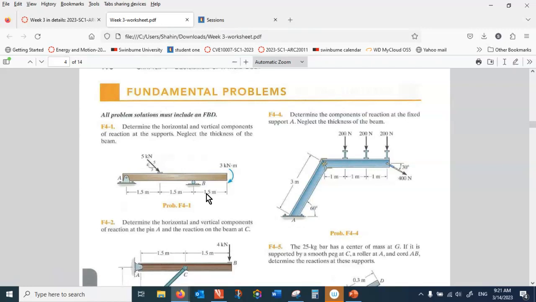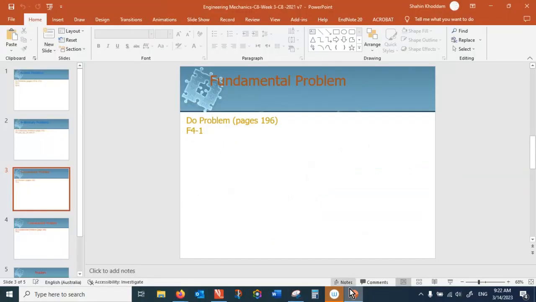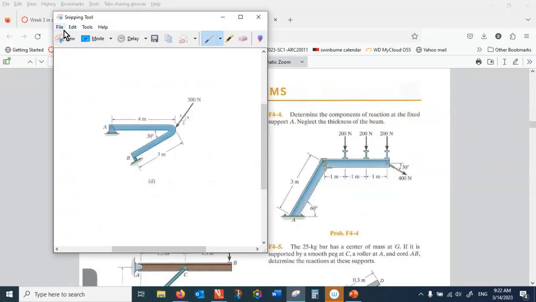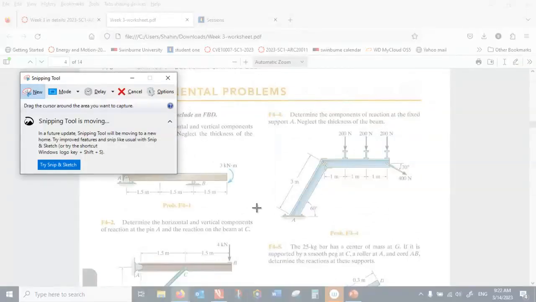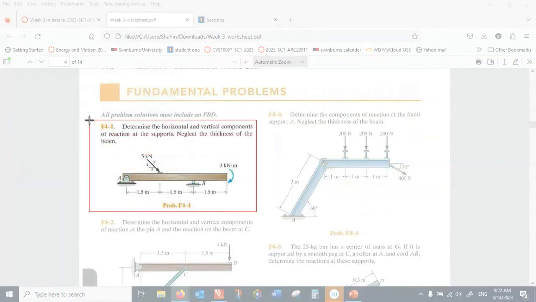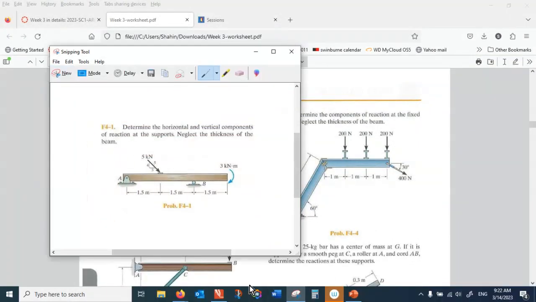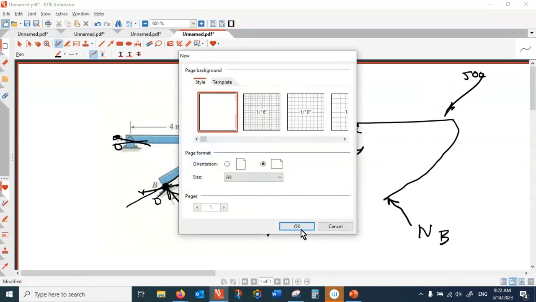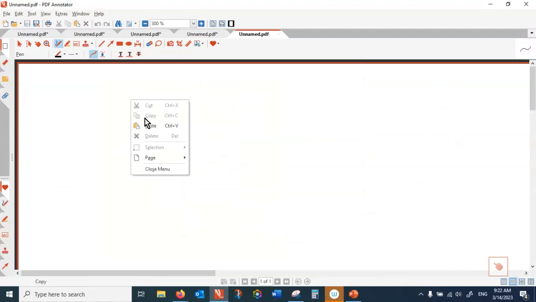Okay, because this is a tutorial class, can I ask you to have a thought about this problem for a few minutes before I give you the solution, or we solve it together?